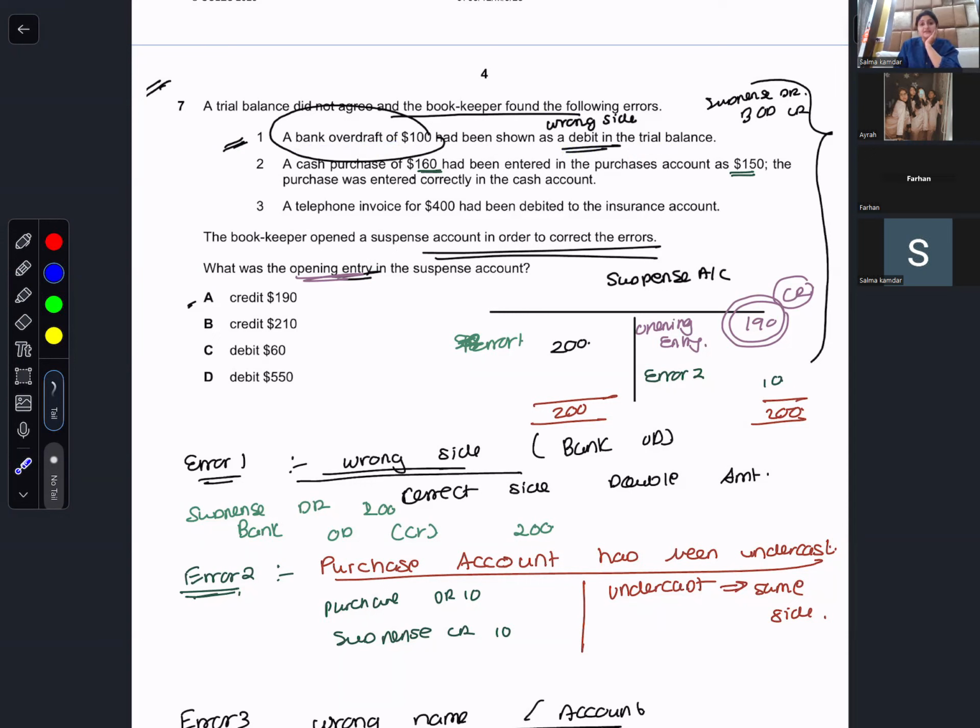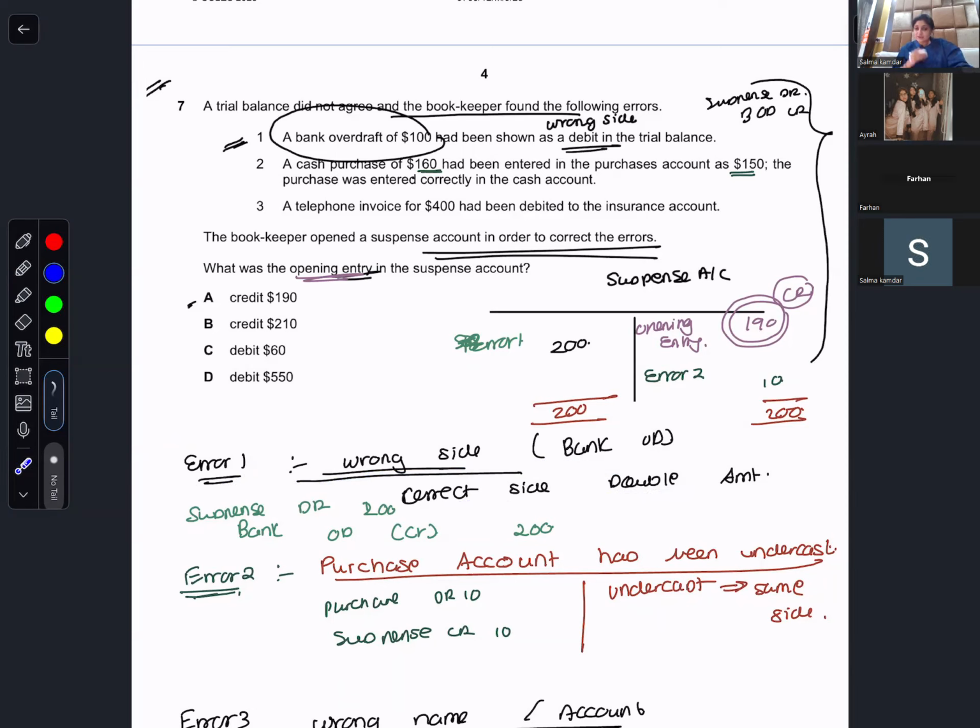Credit balance, and you showed it on the debit side. Because of your error one, you wrote the bank overdraft on the wrong side. If you write something on the wrong side, the correction would be to write it on the correct side and double the amount.